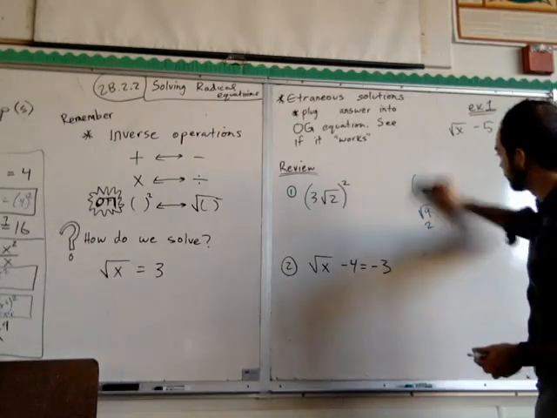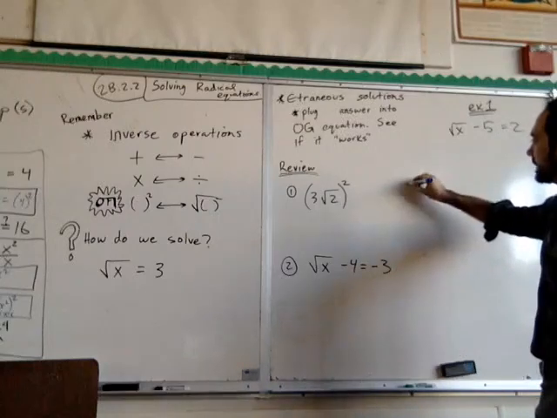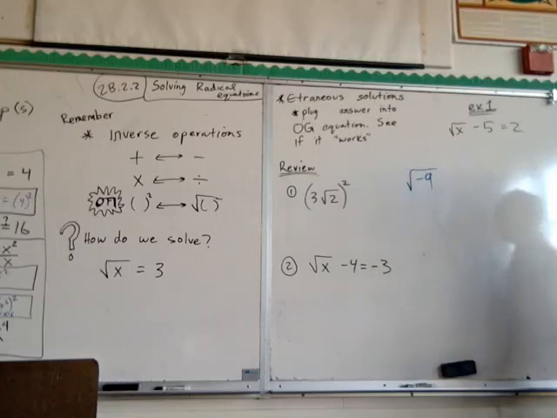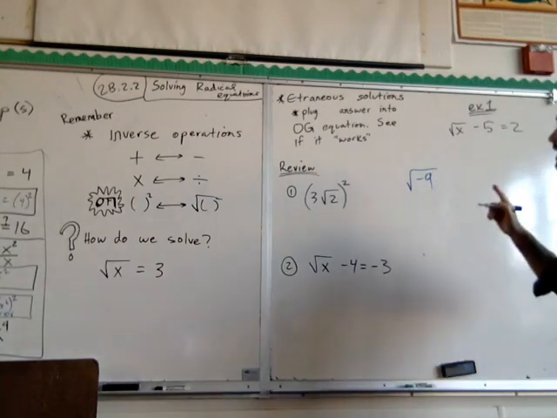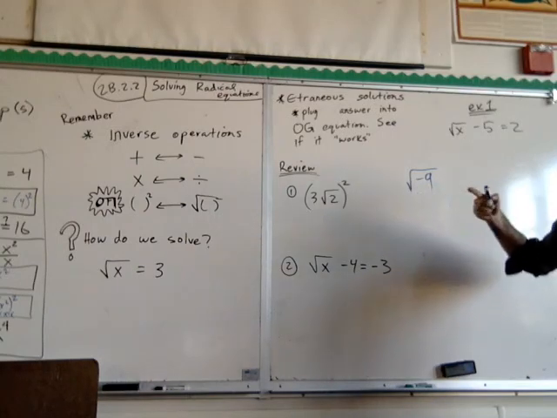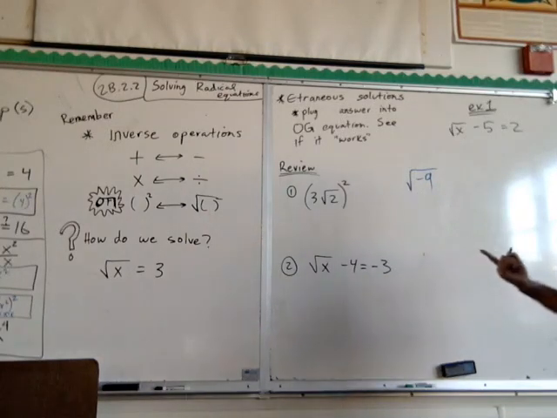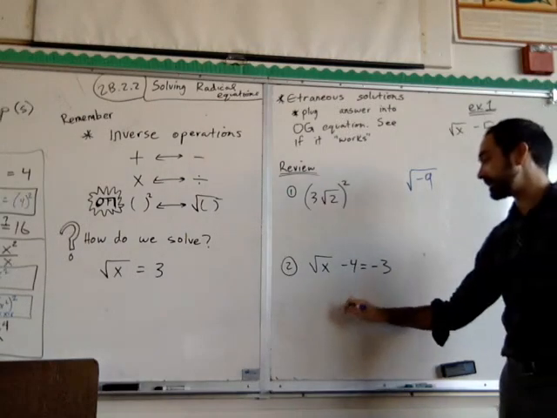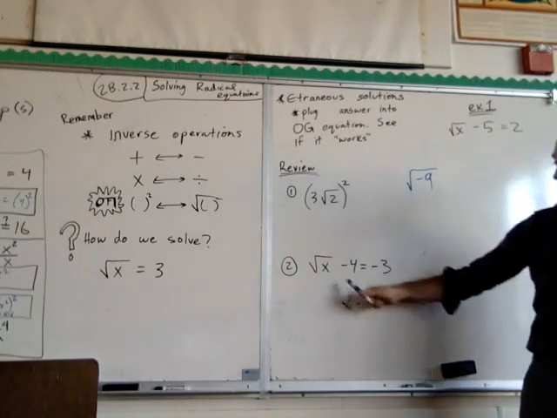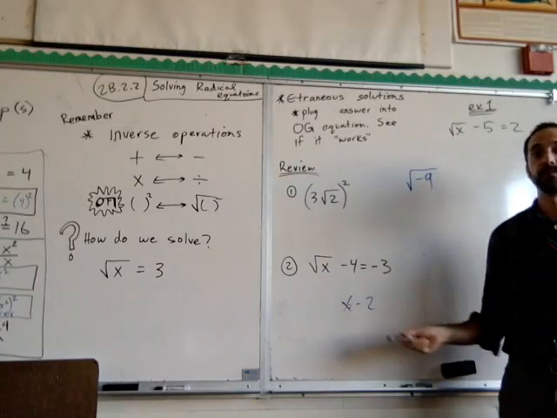The other thing we have to remember is, if we didn't know about imaginary numbers, what would my answer be for this? Unsolvable, undefined, doesn't exist, or actually it does. So undefined, because we have a negative under the root, we have to use our imaginary numbers, our complex numbers, to deal with this problem. But when we're double checking our answer, if we get down here and we have x equal to negative 2, what happens when we have the square root of negative 2?